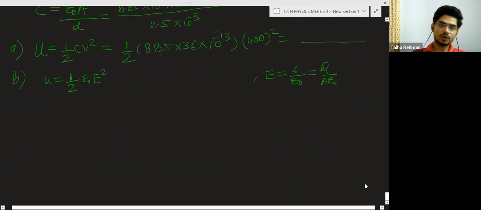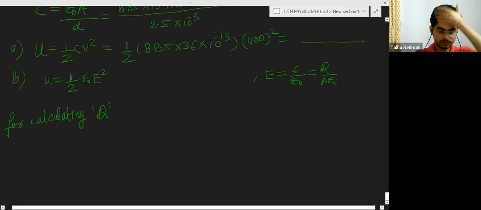So for calculating q, q means charge on the plate of the capacitor.